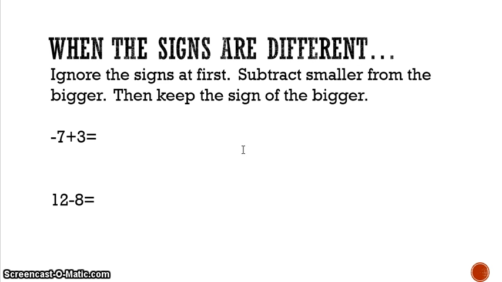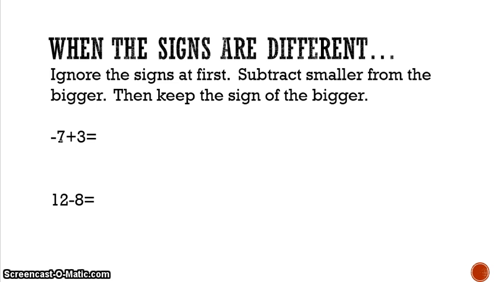Now, when the signs are different, there's two steps. First, you have to ignore the signs at first. So don't worry about them. You have to subtract the smaller number from the bigger number. So the reason I said ignore the signs is because technically, since 7 is negative, it's smaller than the positive 3.